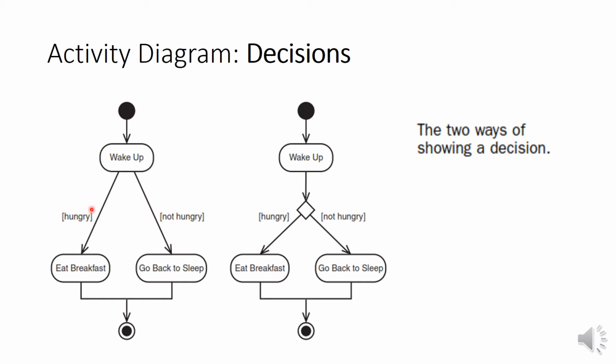It means they can't occur at the same time. One way to show decisions in the activity diagram is by a path coming directly out of an activity. The other way is to have the activity transition to a small diamond and have the possible paths flow out of the diamond.